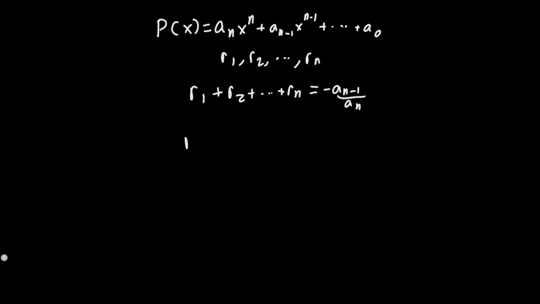And the double product is going to be r_1 r_2 plus r_1 r_3, and so on up until r_1 r_n. And this is going to be a_(n-2) over a_n, and so on. That's how we use the symmetry of Vieta's formulas and end up with a resolvent.